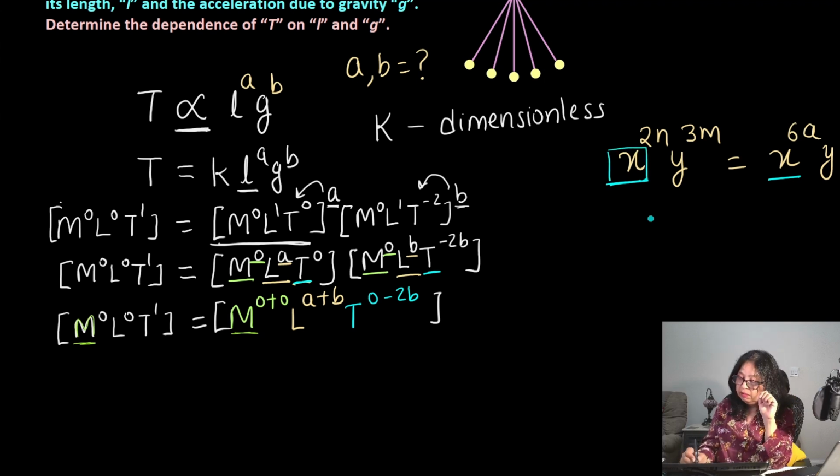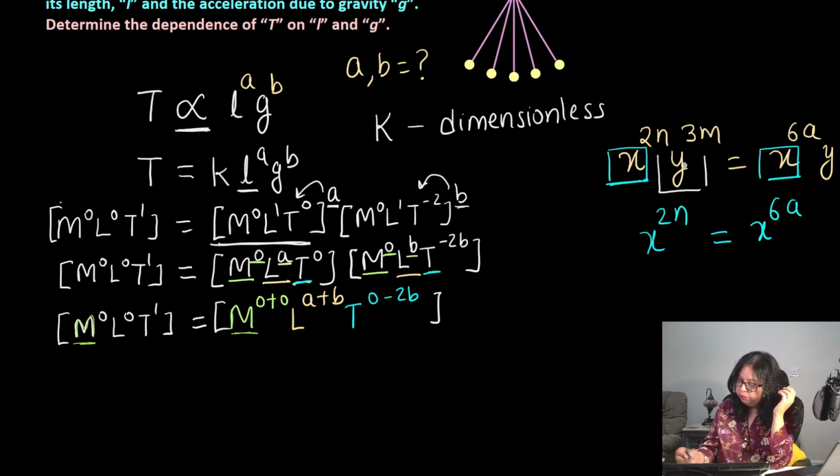Since these bases are the same, you equate the powers. Similarly, y to the power 3m on the left side and y to the power 0 on the right hand side are also equal, because their bases are the same.